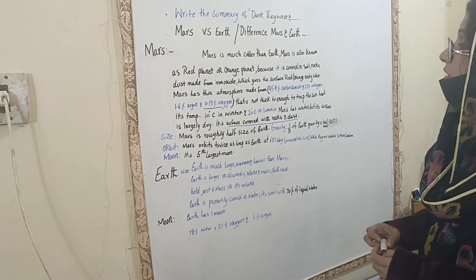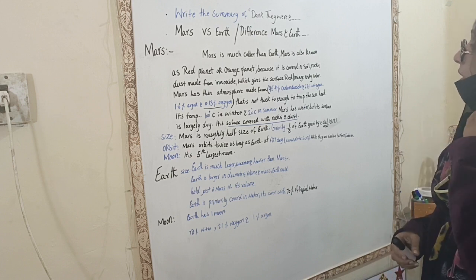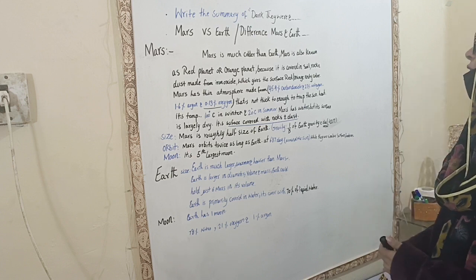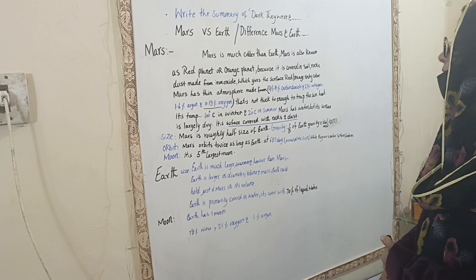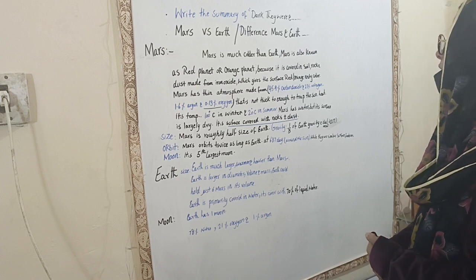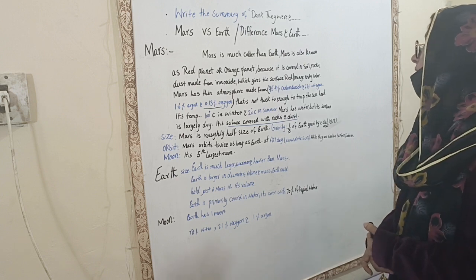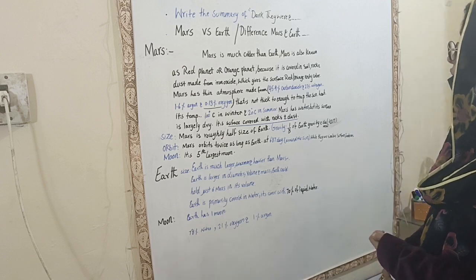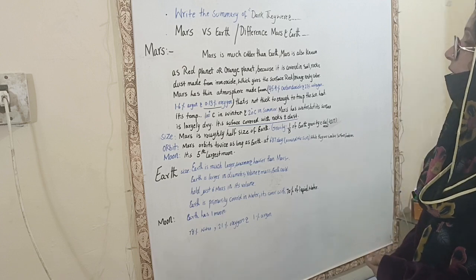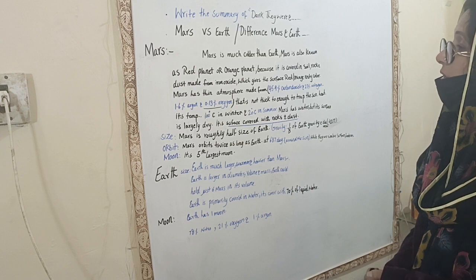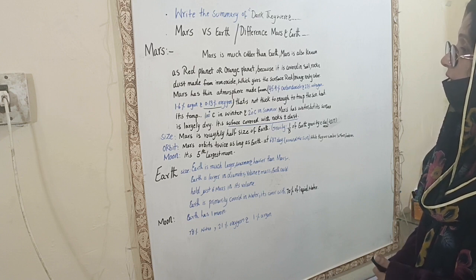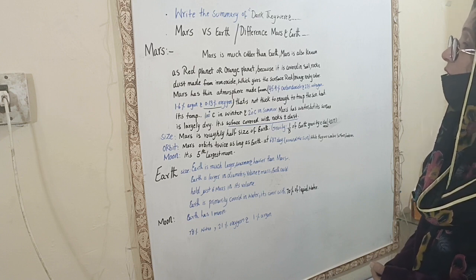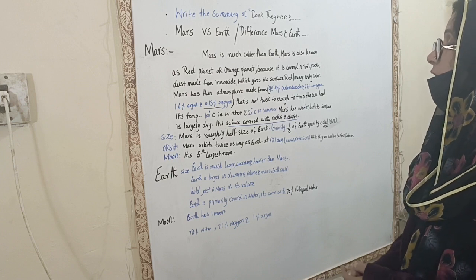Mars has a thin atmosphere made from 95.9% carbon dioxide, 2.7% nitrogen, 1.6% argon and 0.13% oxygen.